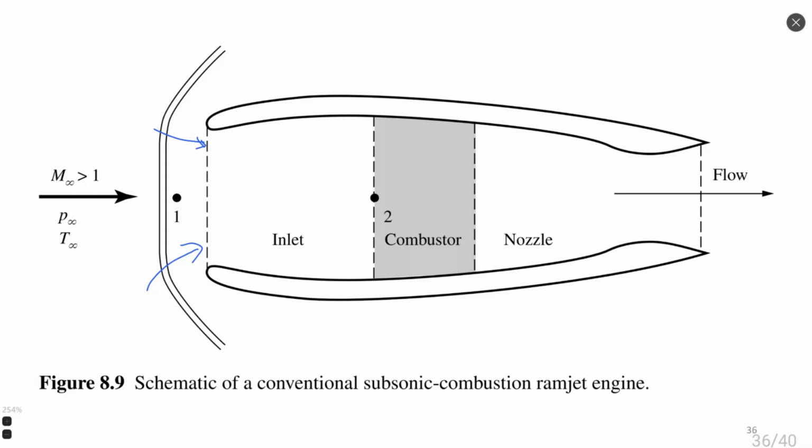Properties in point 2 you cannot calculate yet, because for this we need to know chapter 10, nozzles and diffusers. So now we can calculate from infinite to point 1.